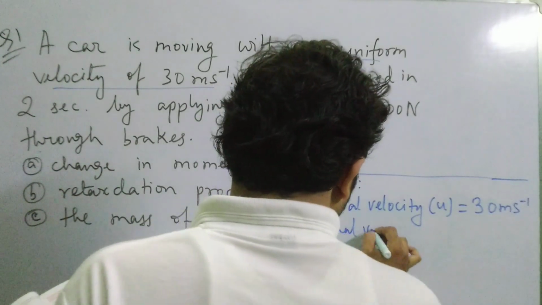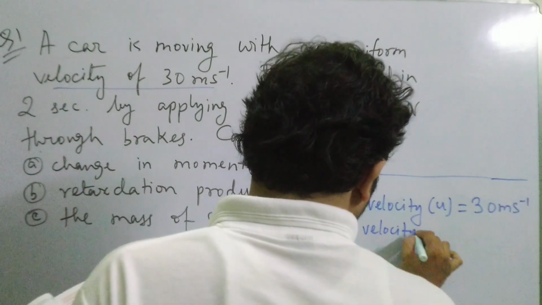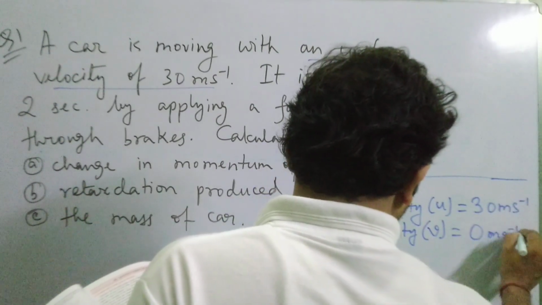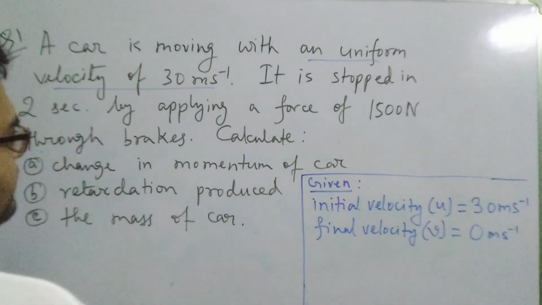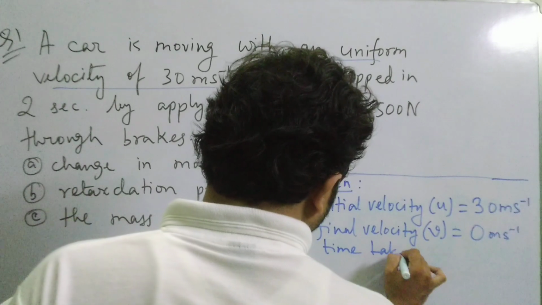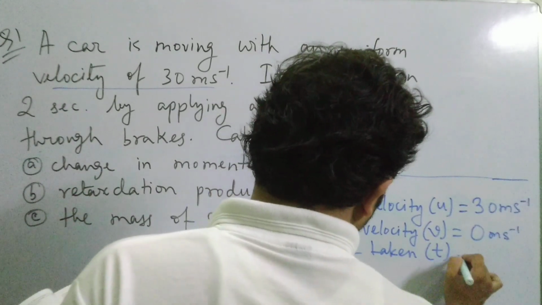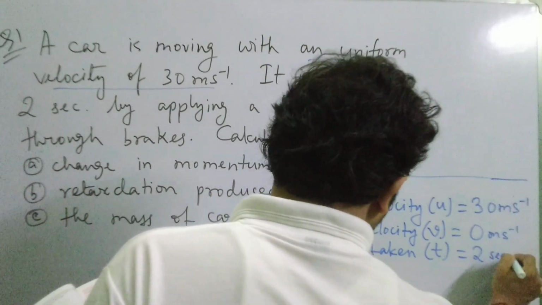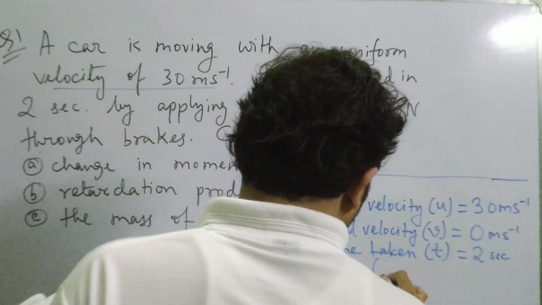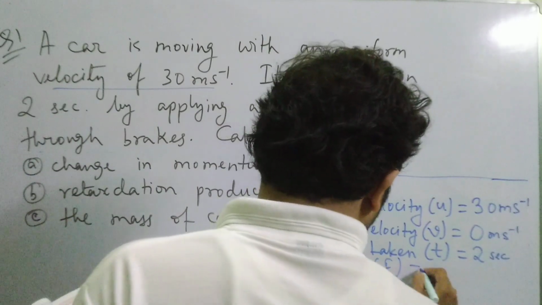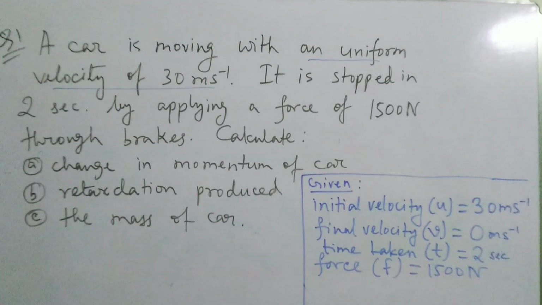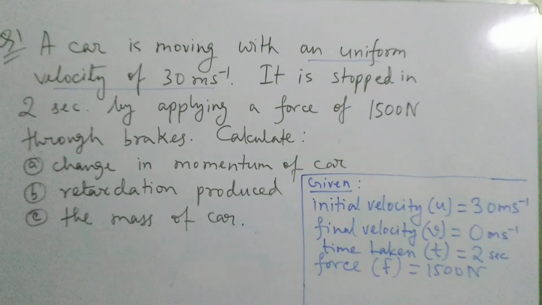Final velocity, denoted by the letter v, is 0 meter per second. Time taken, denoted by the letter t, is 2 seconds. Force, denoted by capital F, is equal to 1500 Newton. So these are the things provided in the numerical problem.